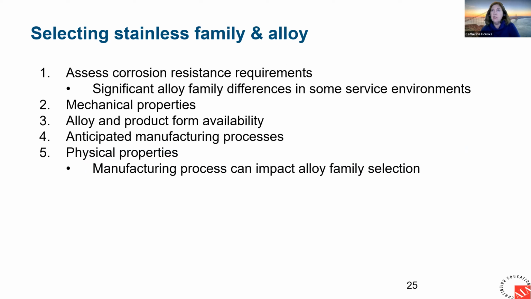But we also have to look at the manufacturing process. If, for example, you could have used either an austenitic or a duplex, but the shape is complex, that might push you towards using a duplex. The physical properties, of course, have to be considered as well, dependent on the application.